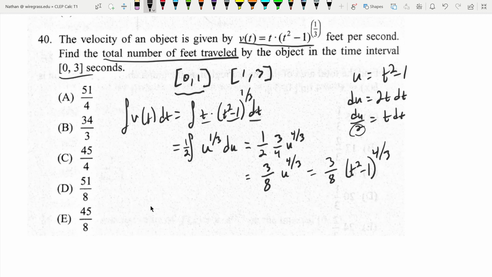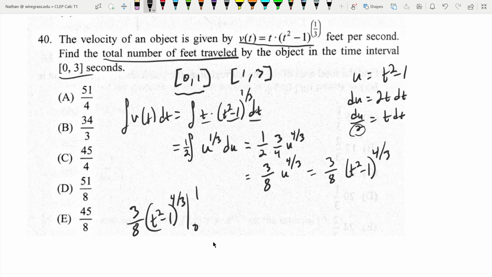So this first interval, like I said before, we want to make this positive. If we did 3/8 (t squared minus 1) to the 4/3 from 0 to 1, that would be negative, because I know it's going to be negative over this interval.